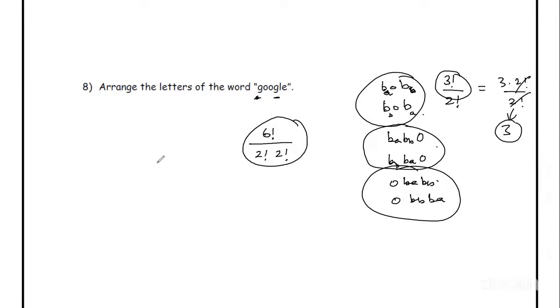So let's take another example. Let's take Goooogle, with 3 O's. Now, because of these 3 O's, if you were to put them as O-A, O-B, O-C, then these 3 O's would repeat 6 times.